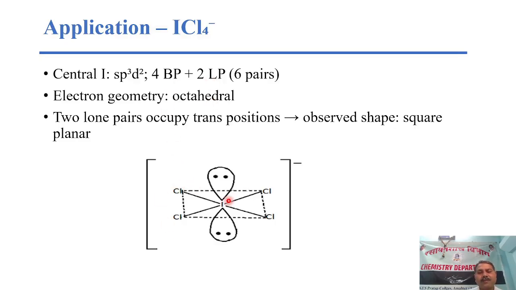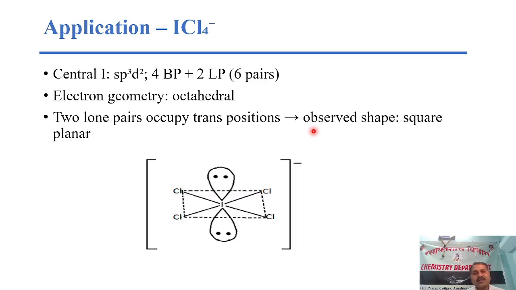These 4 bond pairs occupy the 4 corners of the square plane, and the 2 axial positions are occupied by the 2 lone pairs, because they are far apart from one another. These 2 lone pairs are 180 degrees from one another, and the Cl-I-Cl bond angle is 90 degrees. So the actual shape of this molecule is square planar.